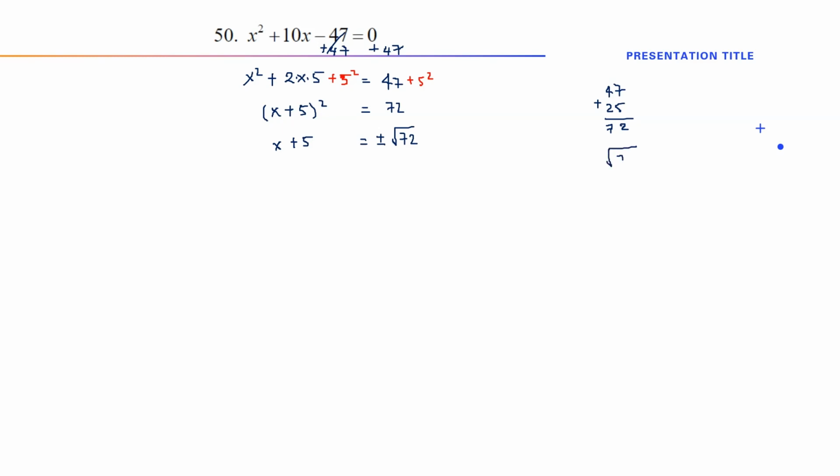The square root of 72 we can rewrite as the square root of 36 times the square root of 2, and this one is 6 square root of 2. x plus 5 equals plus or minus 6 square root of 2. So we have x equals minus 5 plus or minus 6 square root of 2.